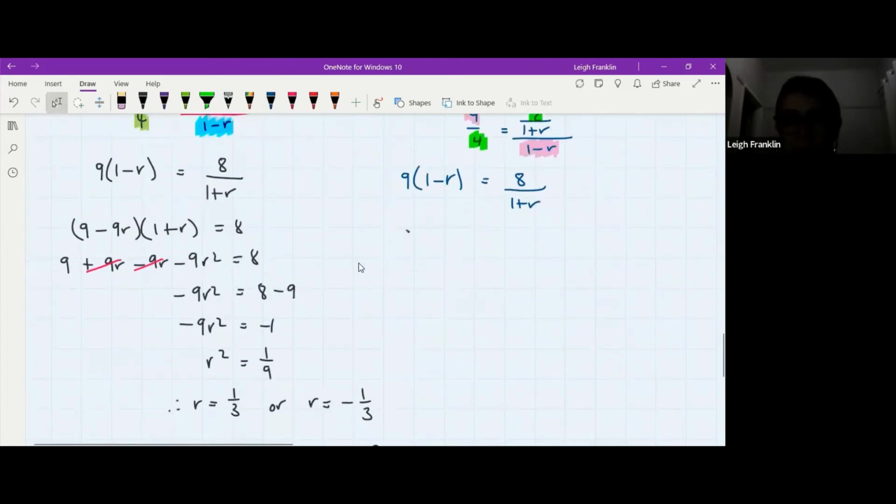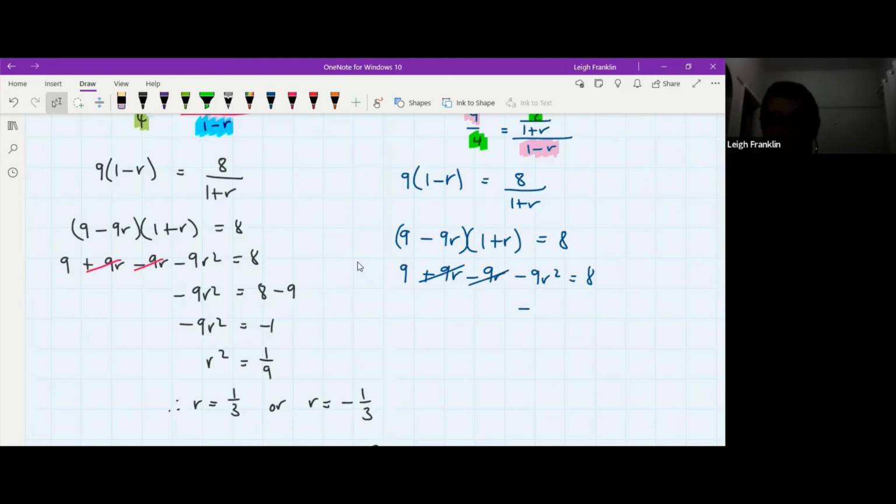So now expanding my brackets, 9 times 1 is 9, minus 9r, put that in brackets, and now I'm going to cross multiply again, is equal to 8. Now when I remove my brackets, I end up with 9 plus 9r minus 9r minus 9r squared, and that's going to be equal to 8. Those are going to add up to 0.